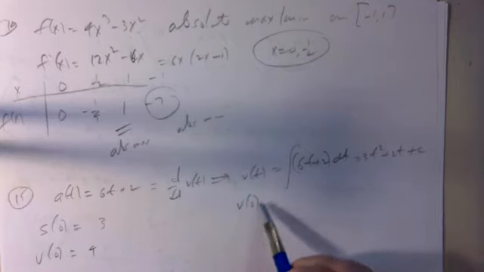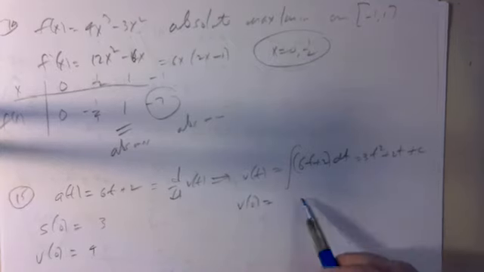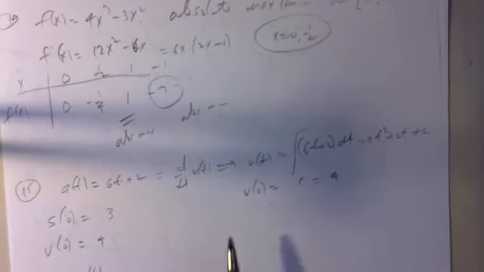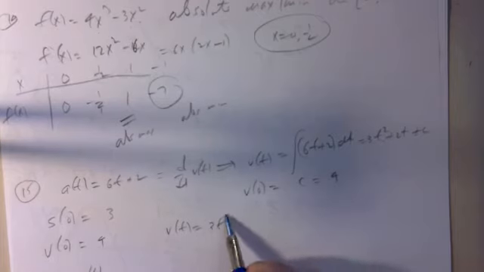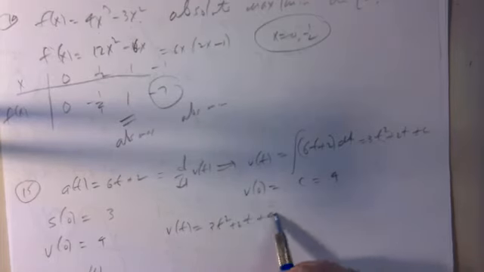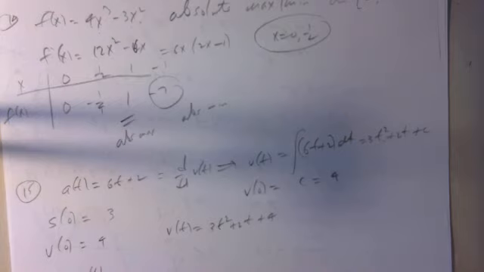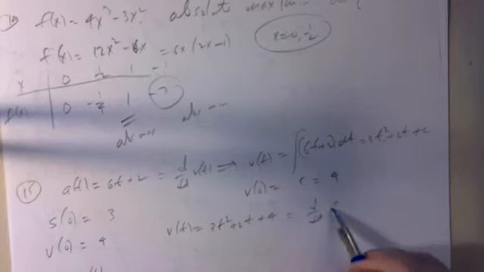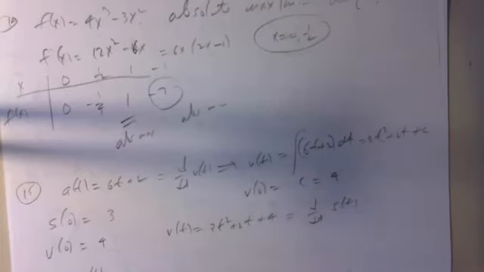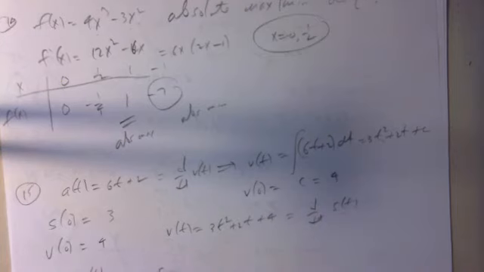And the velocity at time 0 is 4, so c is 4. So the velocity is 3t squared plus 2t plus 4. And velocity is the derivative of the position, so the position is the antiderivative of the velocity.